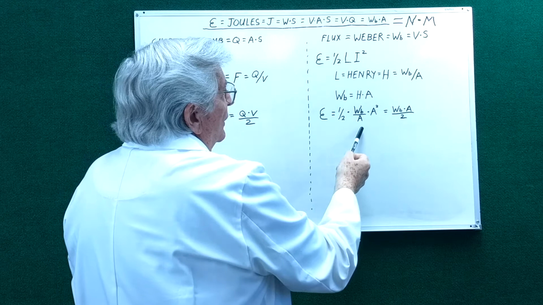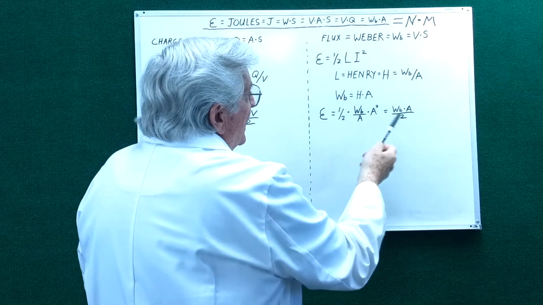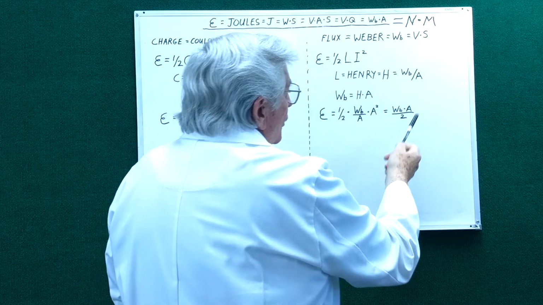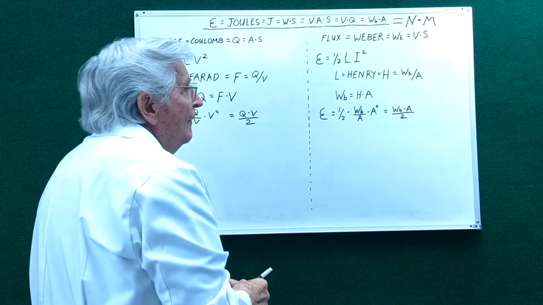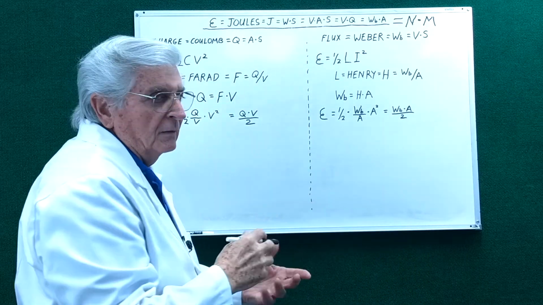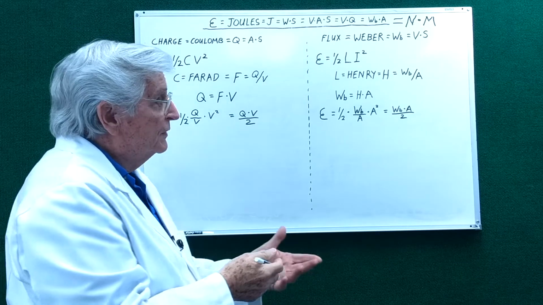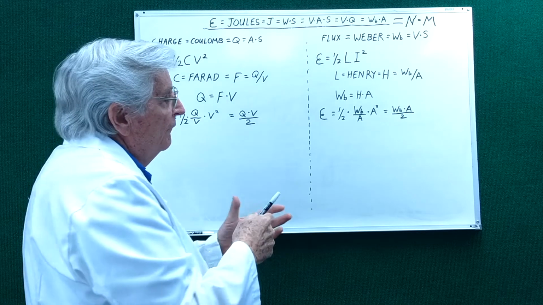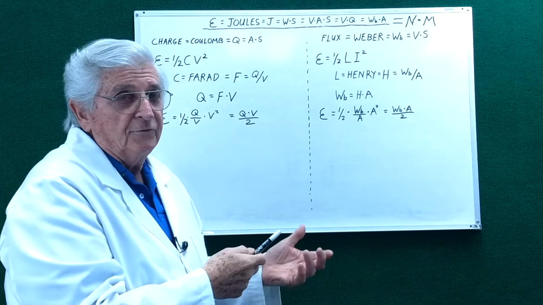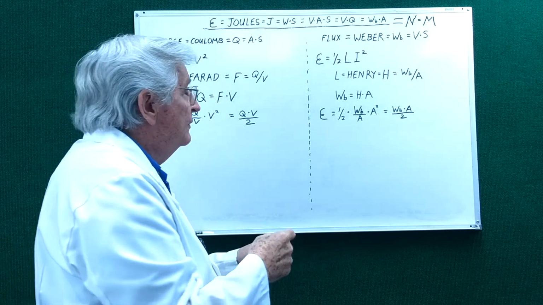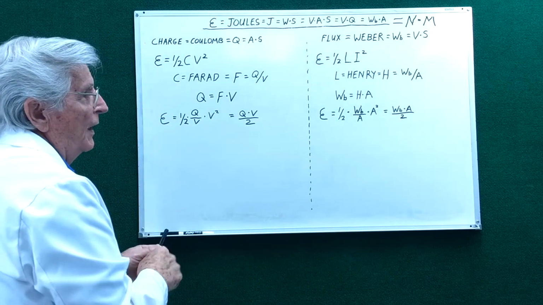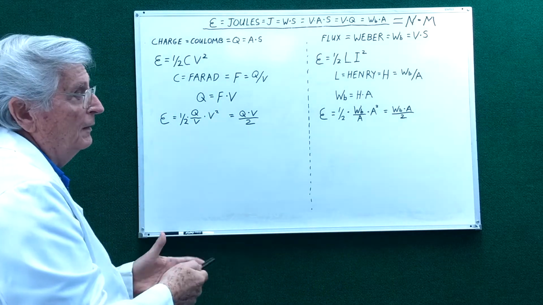We get cancellation there, so the energy is a weber of flux times an amp of current over 2. So the energy is not totally in the flux. It also depends on the current that is generating that flux. So these are another way of visualizing what's really happening.